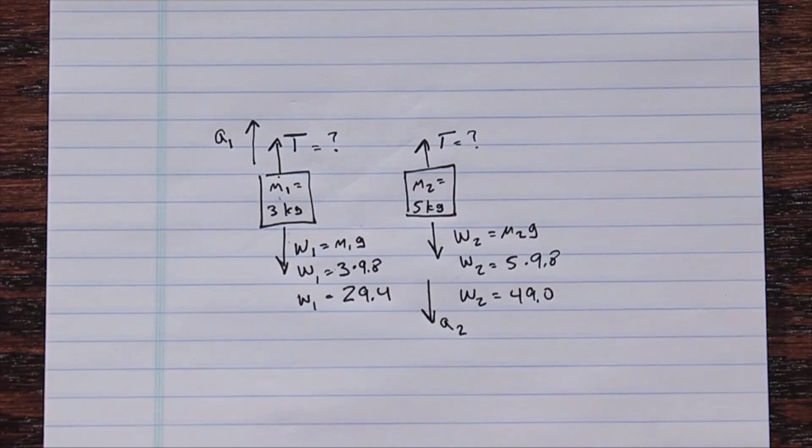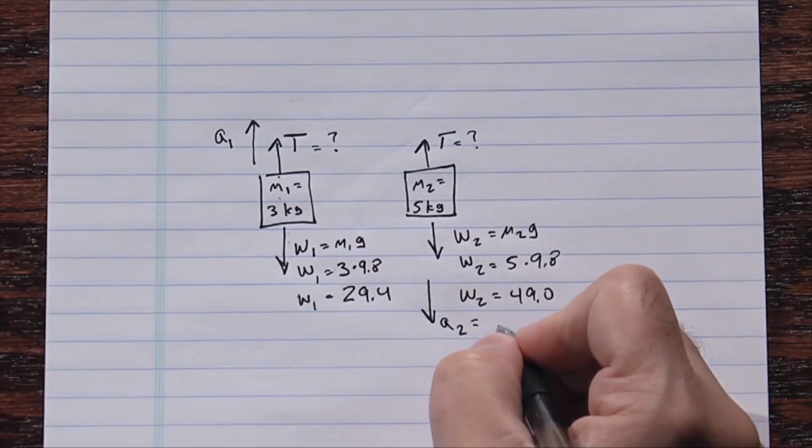And I did say that whatever the magnitude of the acceleration of block 2 is, block 1 must have the same magnitude acceleration, different directions.